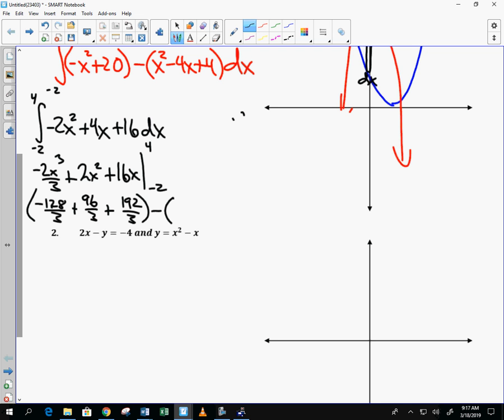Negative 2 to the third times negative 2, so 16 over 3. Plus 8, or 24 thirds. Minus 96 thirds.